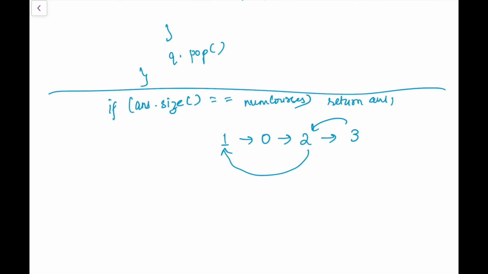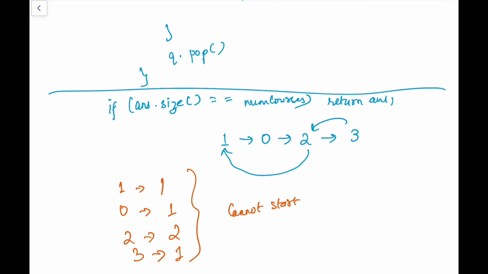So here we can see that 1 has an in degree of 1, 0 has an in degree of 1, 2 has an in degree of 2, 3 has an in degree of 1. So I cannot start. So this is the edge case that we have to consider.